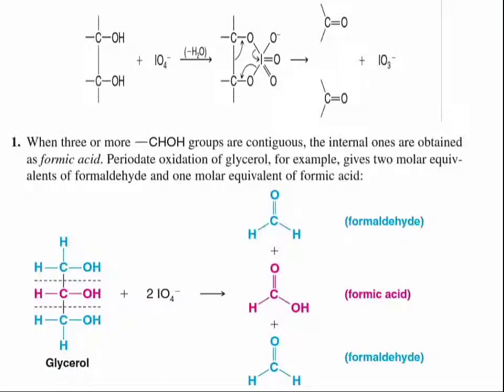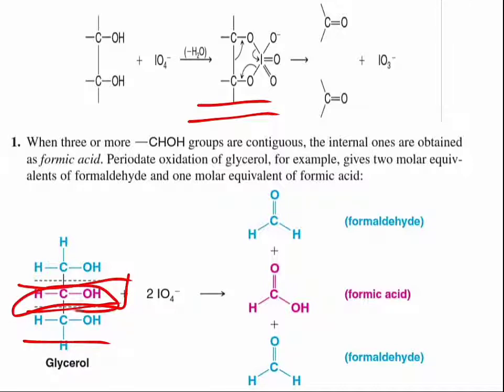Now see the reaction course, the transfer of electrons here, and we will come to it in detail later. When three or more CH-OH groups are contiguous, the internal ones are obtained as formic acid. So if you have three consecutive CH-OH groups, then the middle one will make formic acid.